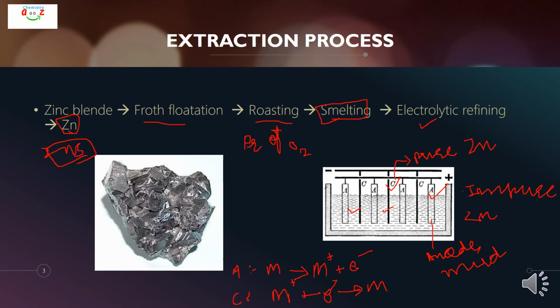This is the reaction which occurs for zinc. If we have taken copper electrolyte, then M is considered as copper. So this reaction takes place on the anode, and on the cathode the metal is separately obtained in pure form. So impurities are deposited as anode mud, which is easily removable.